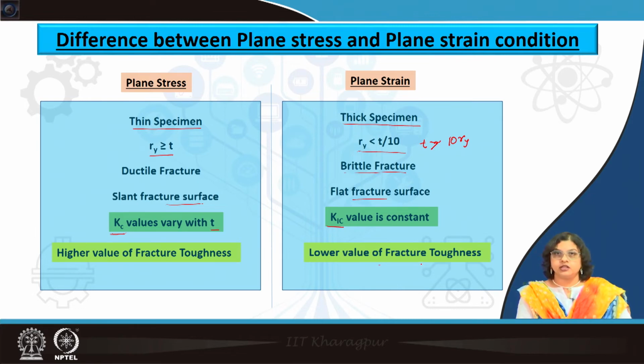So, if we are doing the laboratory testing, we have to be careful to design the component in such a manner that it satisfies this criteria of thickness being greater than 10 times the plastic zone size, so that we get a lower value of the fracture toughness, and in practice, even if it goes for the plane stress condition, we know that it will require higher amount of K value to fracture under plane stress condition.